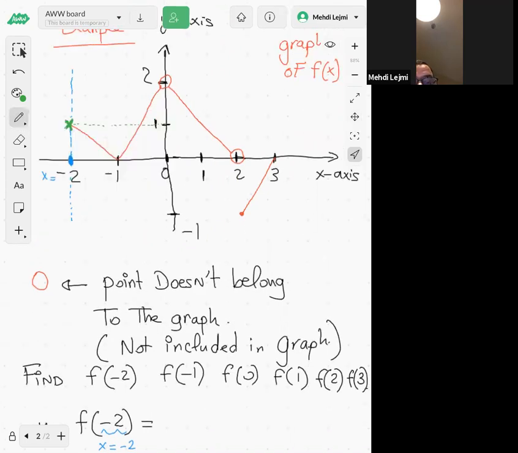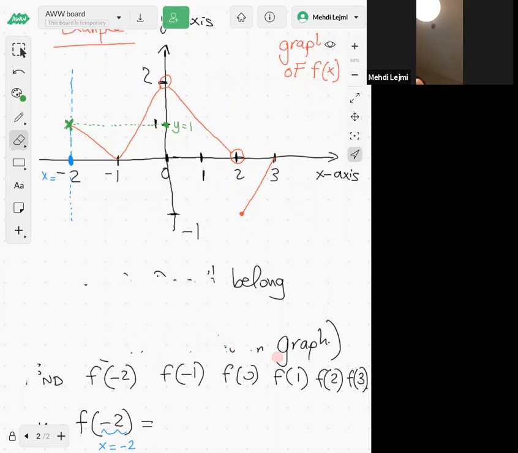So the output y is 1. So if x is -2, then f of -2 is going to be equal to +1.